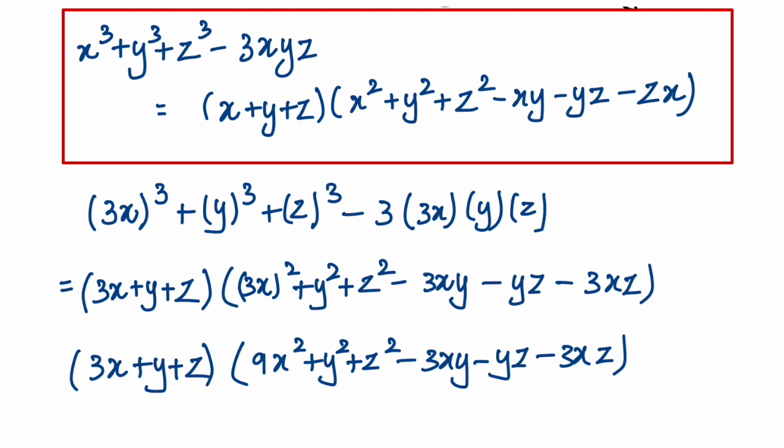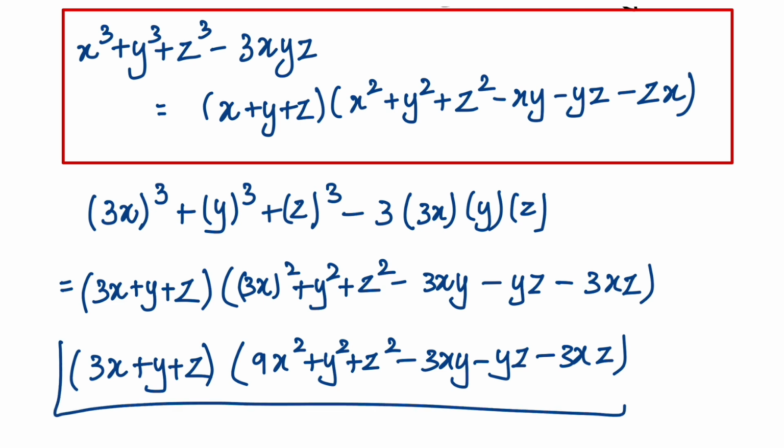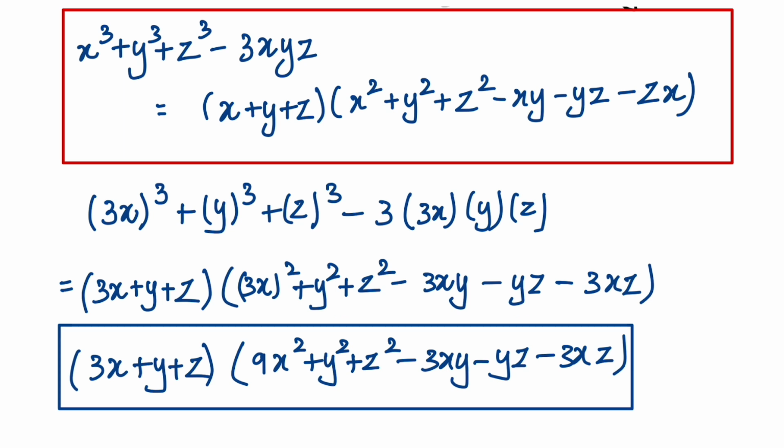And that is your factorized form, and that is how you factorize this polynomial. You just have to know this identity: x cube plus y cube plus z cube minus 3xyz is equal to x plus y plus z into x squared plus y squared plus z squared minus xy minus yz minus zx. Quite a long identity, but it has a format, so you can easily remember it.